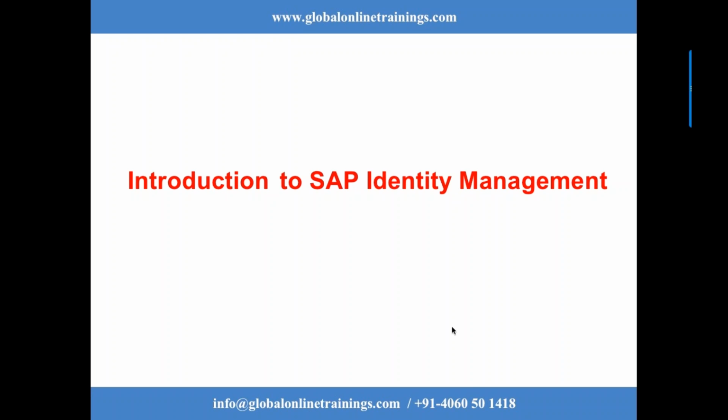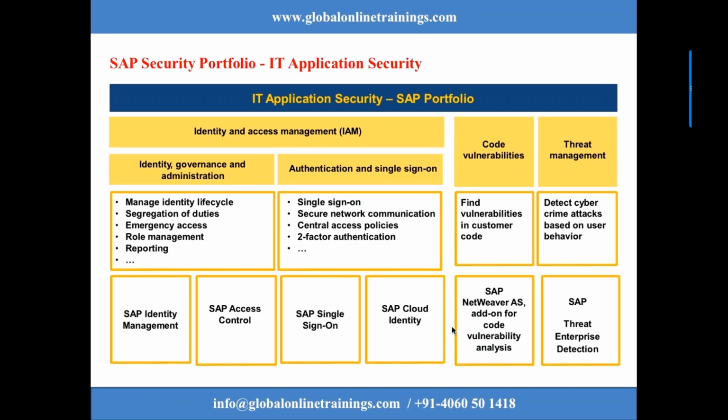So let's look at this particular slide. This is very interesting, and shows how the SAP security portfolio is categorized. Can you see my cursor moving around? Okay, so we have the IT security application. In there we have identity and access management, which you can relate to SAP security in general.